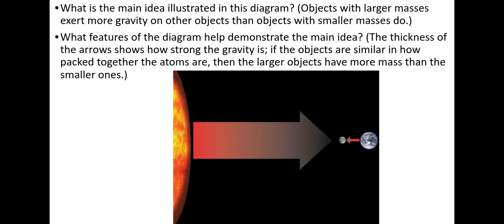What features of the diagram help demonstrate the main idea? Well, if you look at the arrow, the thickness of the arrow shows how strong the gravity is. If the objects are similar in how packed together the atoms are, then the larger objects have more mass than the smaller ones.